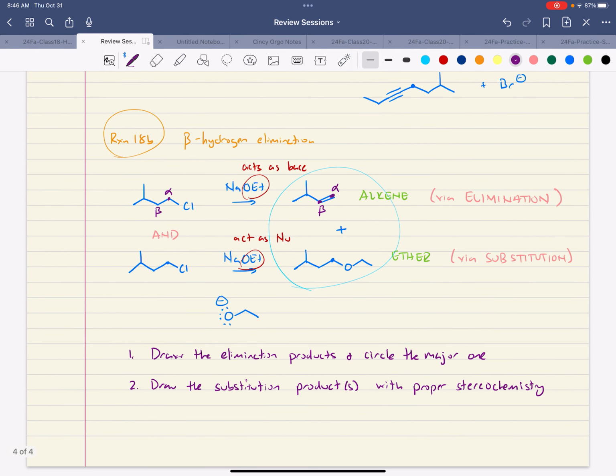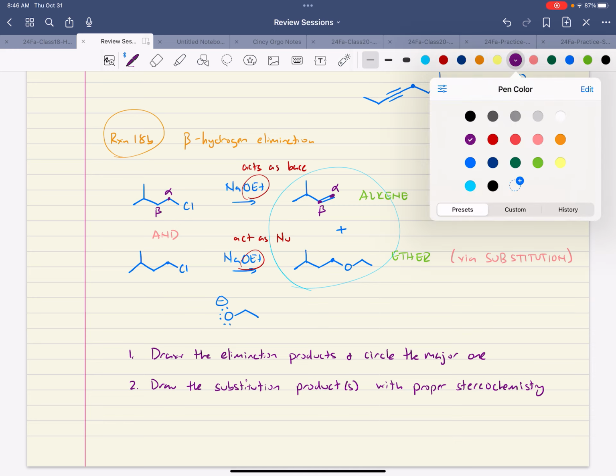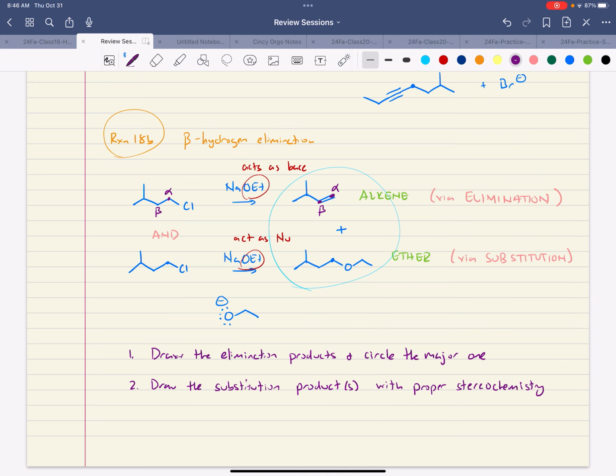It will be important when chiral carbons are produced. You have to know whether you're going to keep the configuration or invert it, or both, which is called scrambled. I'm getting ahead of myself. That's class 22.